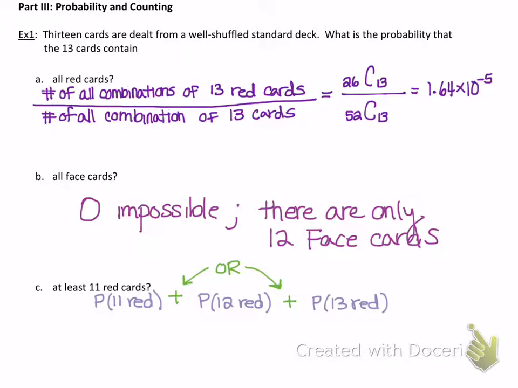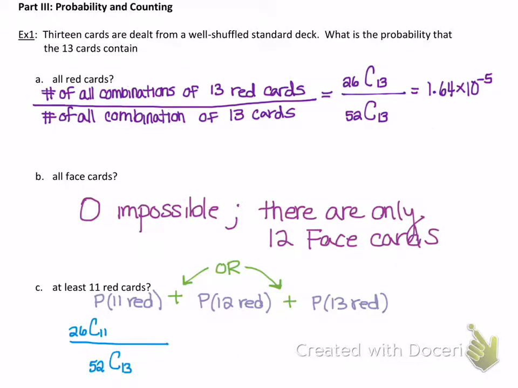Okay, so how does this look? Let's do each one at a time. So, here's my first proportion. If it's all red cards, that means we are still choosing, out of 52 cards, we're choosing 13. So then if I want 11 red cards, that's going to be 26 red, and I'm going to choose 11.